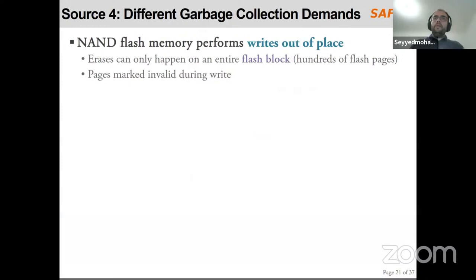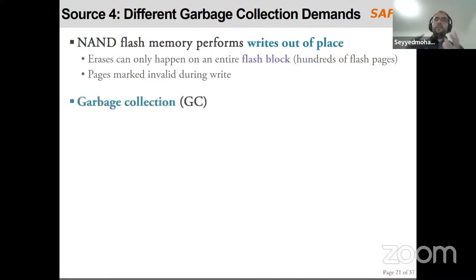Another source is different garbage collection demands. NAND flash memory performs writes out of place, due to the property of erase before program. And erases can only happen on an entire flash block, which has hundreds of flash pages. When we are writing a page out of place, we mark the old copy of that page as invalid.